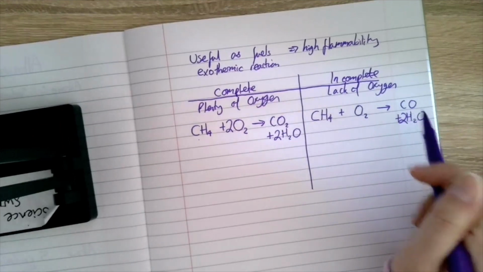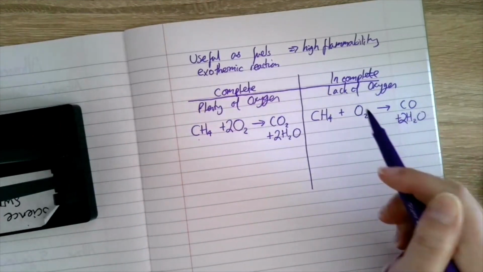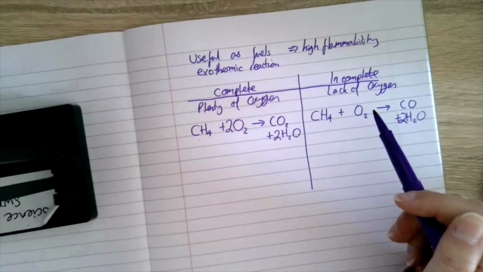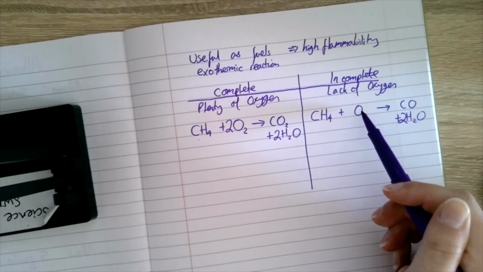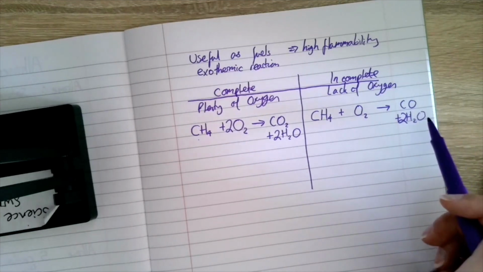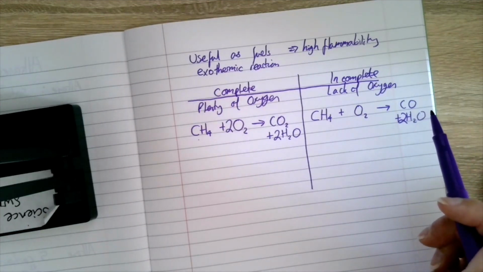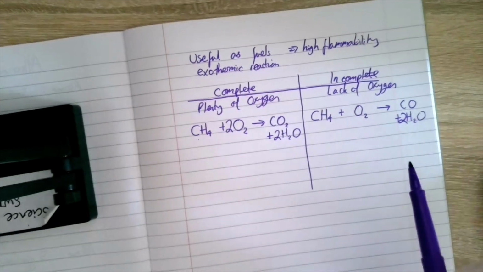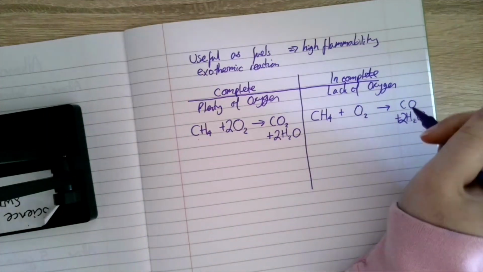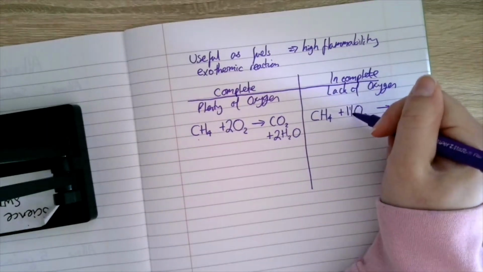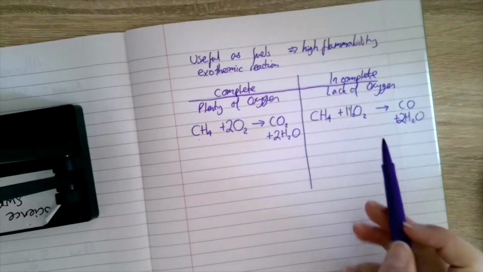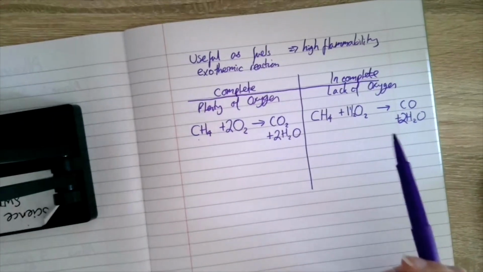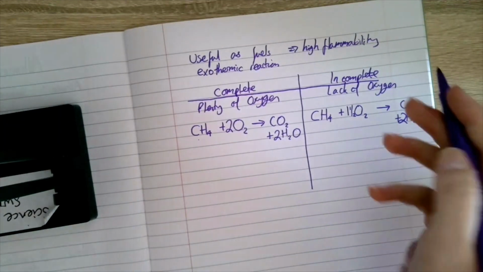But our oxygens now, 1 and 1, and 2, 1, 2, 3. So in order for this combustion reaction to happen, we have to have 1.5 oxygen molecules compared to 2 molecules. So there's less oxygen that's being used in this incomplete combustion compared to our complete.